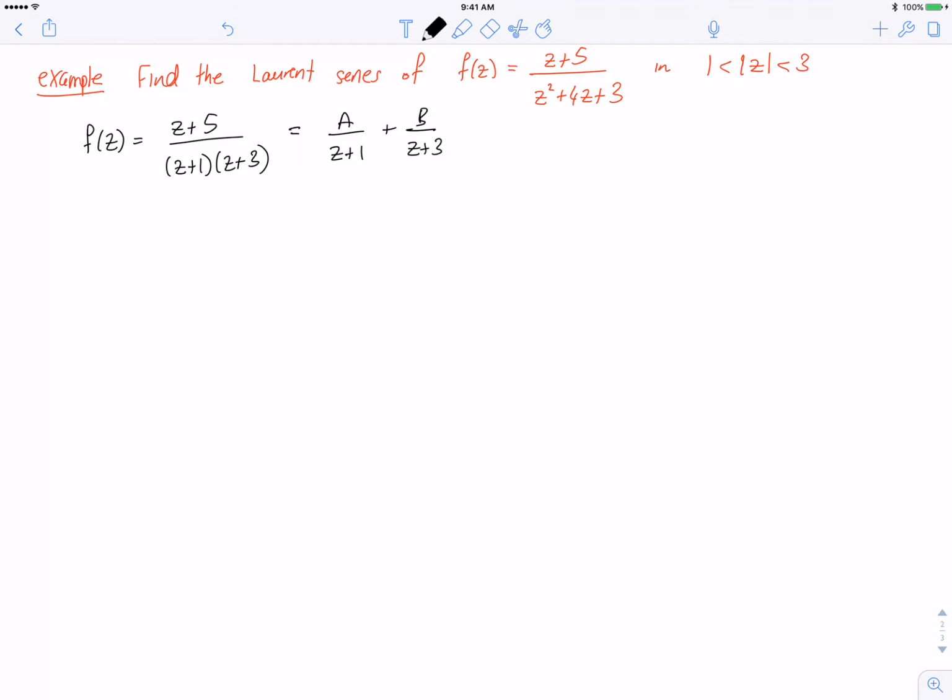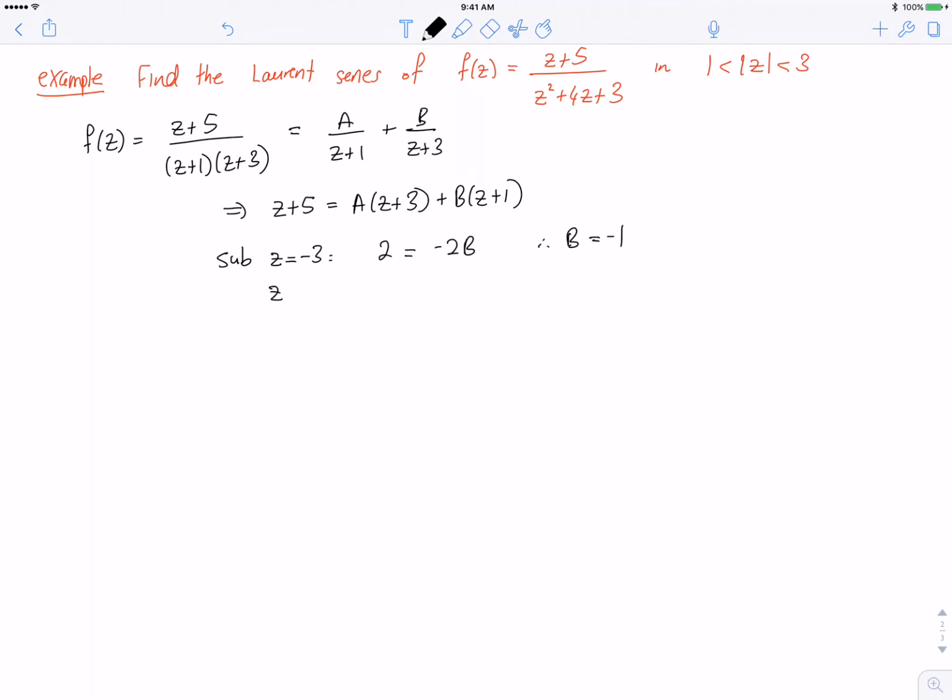First things first though, we need to figure out what A and B are. So for this to be true, I need z plus 5 to equal A times z plus 3 plus B times z plus 1. If I substitute z equals -3 into that equation, the left hand side becomes 2, the right hand side becomes -2b, therefore b equals -1.